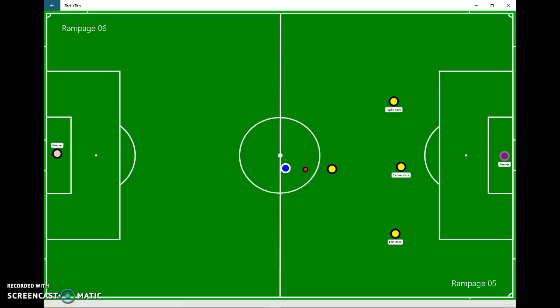In addition to shifting to cover the ball, we're also going to shift to cover players, so we have to watch out for that as well. For example, if this right back gets a pass and maybe they decide to go up with that pass, our center back and our right back, sorry, that ball escaped. Our center back and our right back are going to have to shift quite a bit.